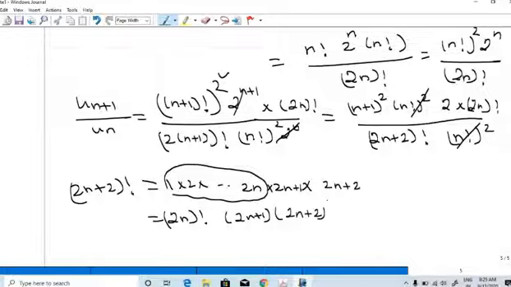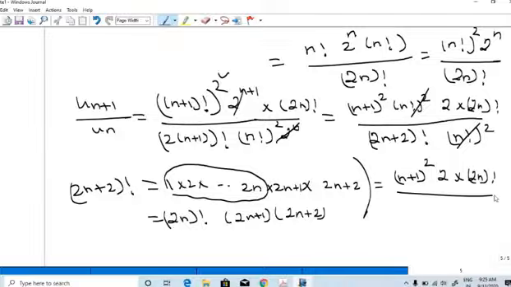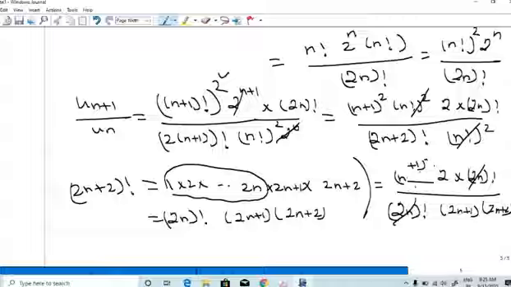Therefore, this is equal to (n plus 1) square times 2 into (2n) factorial by (2n plus 2) factorial, which can be written as (2n) factorial times (2n plus 1) into (2n plus 2). So this (2n) factorial cancels. You can take 2 from this term, and then this 2 and this 2 cancel.